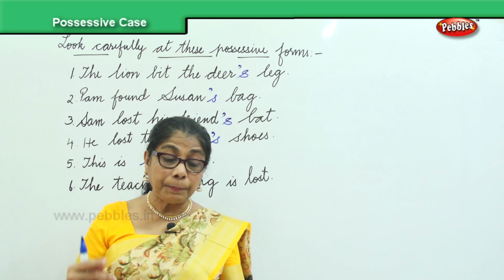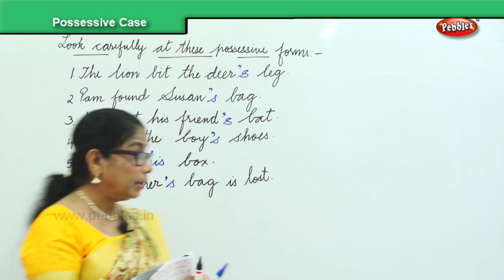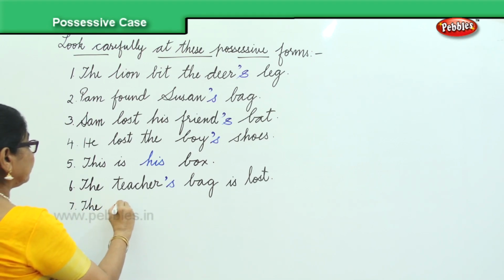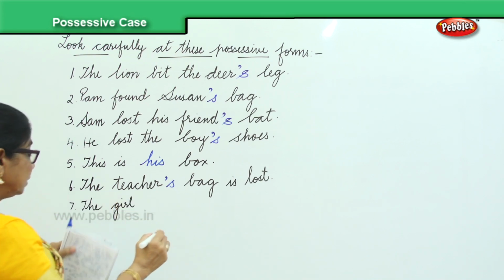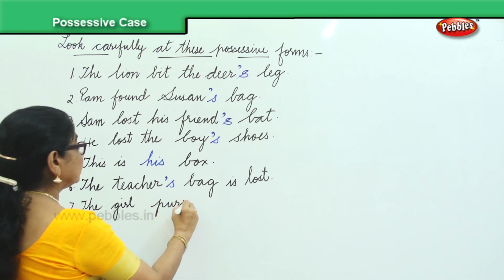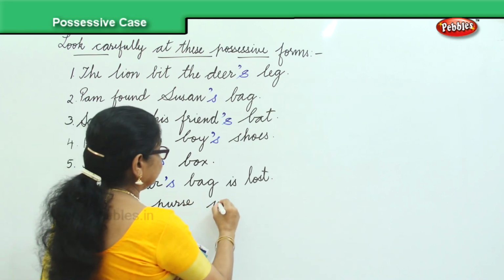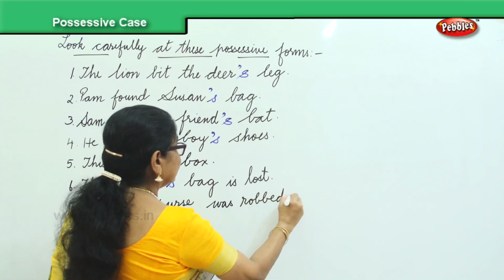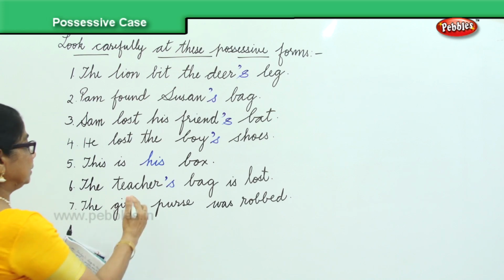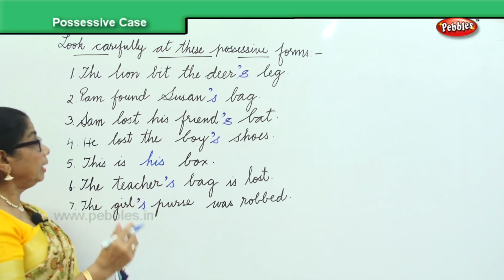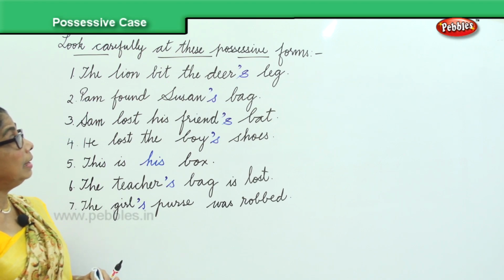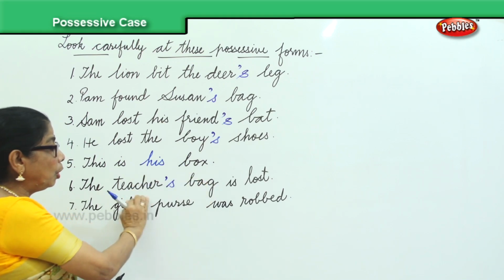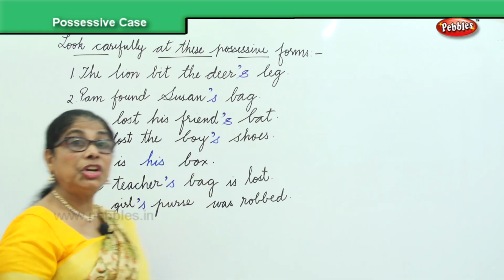Next, the girl's purse was robbed. So, the girl's purse. Okay. Deer's leg, Susan's bag, friend's bat, boy's shoes, his box, teacher's bag, girl's purse.